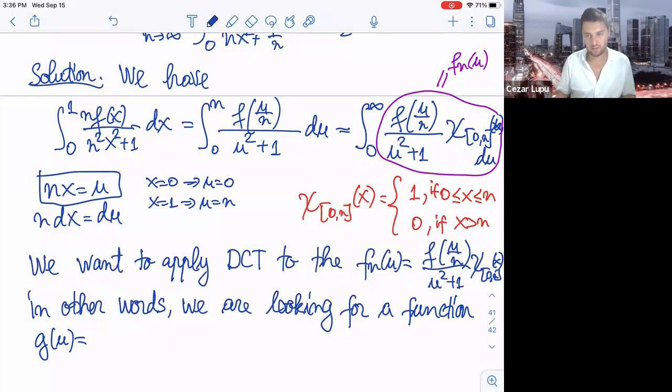So since f is continuous, it's bounded. So I can bound this by, let's say, an M, the supremum, the maximum of f, over u squared plus 1, right?